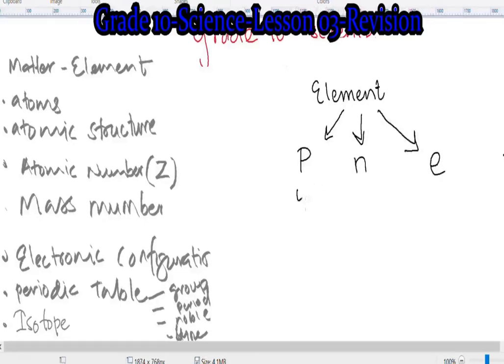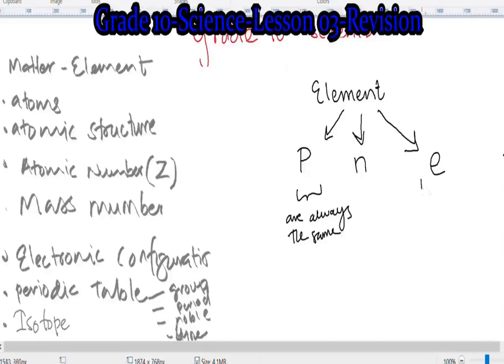Protons are always the same, right? Which means at no point do you want to change the number of protons, because if you try to bring out the protons from the nucleus, it will be an explosion, right?